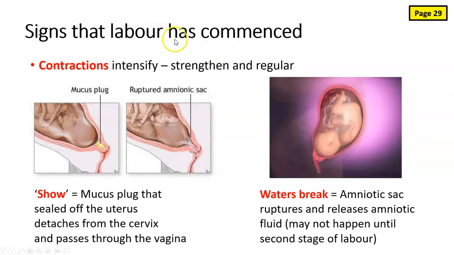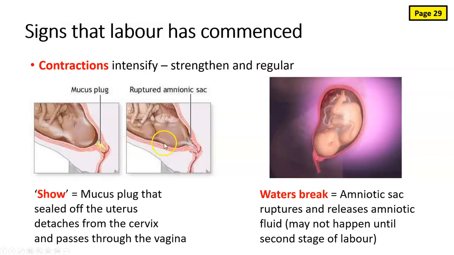Okay, so first stage is that labour has commenced. Of course, there'll be contractions and they'll start to get stronger, which means that they will start to become not only more forceful but regular in their timing. The mucus plug that builds up to prevent any bacterial infection will start to soften, and it will be passed out through the vagina.